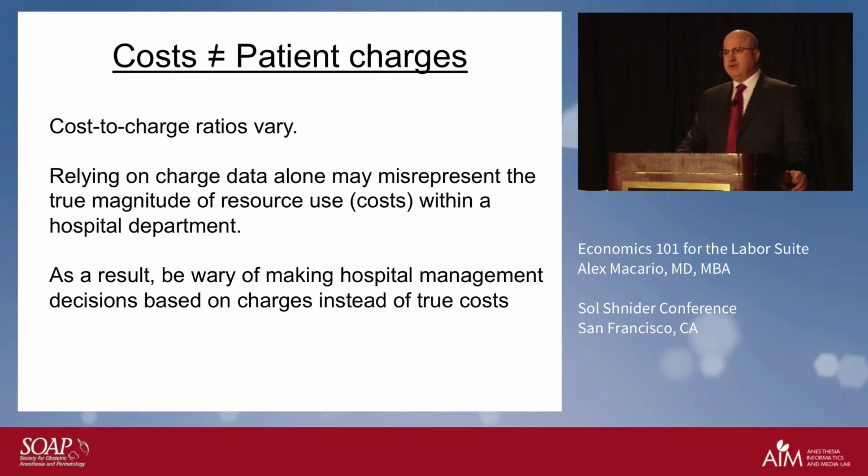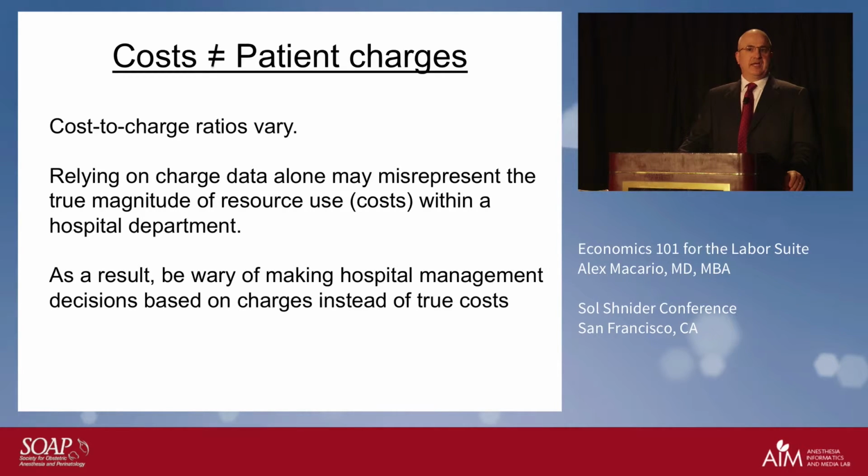And so if you look at the relationship between costs and charges, it's not a direct relationship. It varies depending upon the item. The cost to charge ratios vary. So if you look at the relationship between what the hospital charges to do an amniocentesis and what the hospital believes the true cost of doing that procedure, it may be some number.